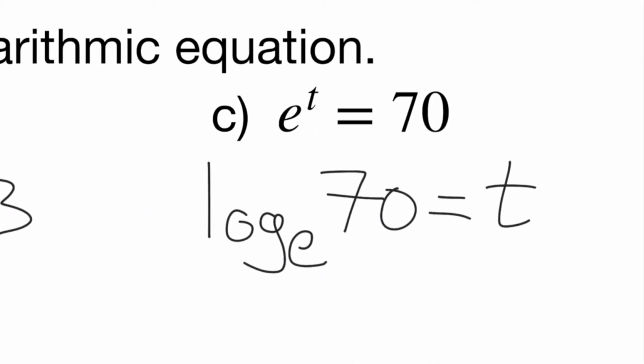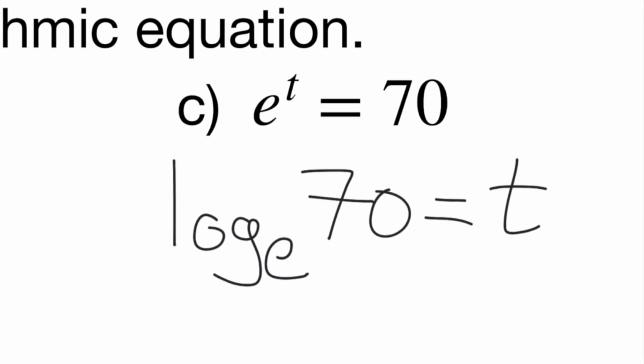Here, the base is e, and the power is e to the 10th power, so log base e of e to the 70th, if that's the power, then if you type all this into a calculator, you'll get t. That's the exponent.